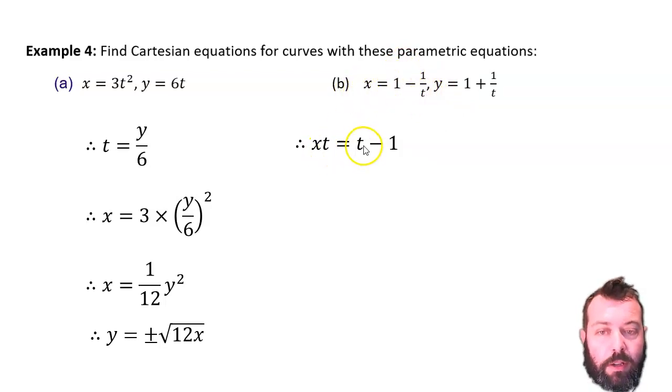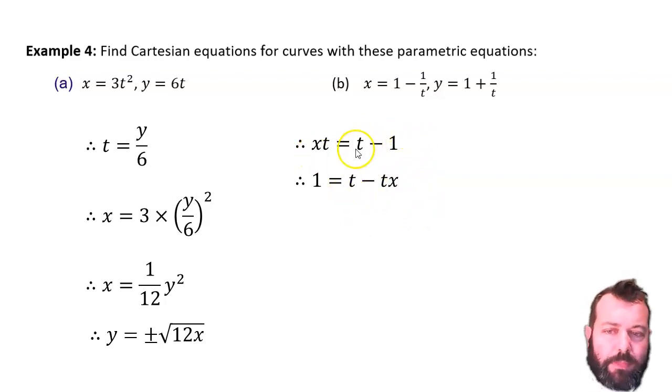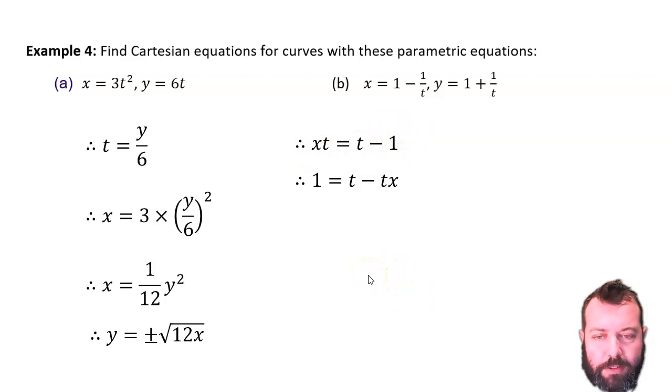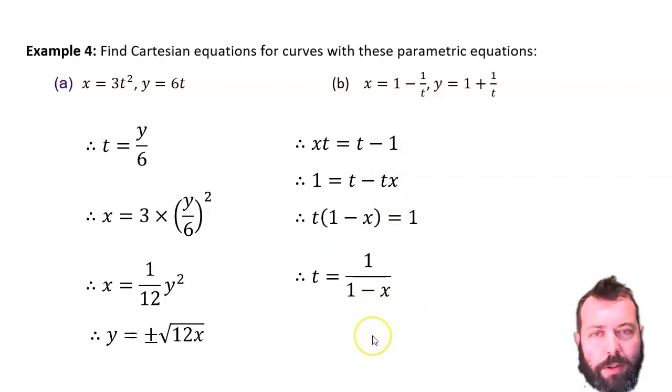So I get xt equals 1 times t minus 1 over t times t, which is just minus 1. Now I'm going to add 1 to both sides, subtract xt from both sides, factorize that, and I end up with t equals 1 over 1 minus x.